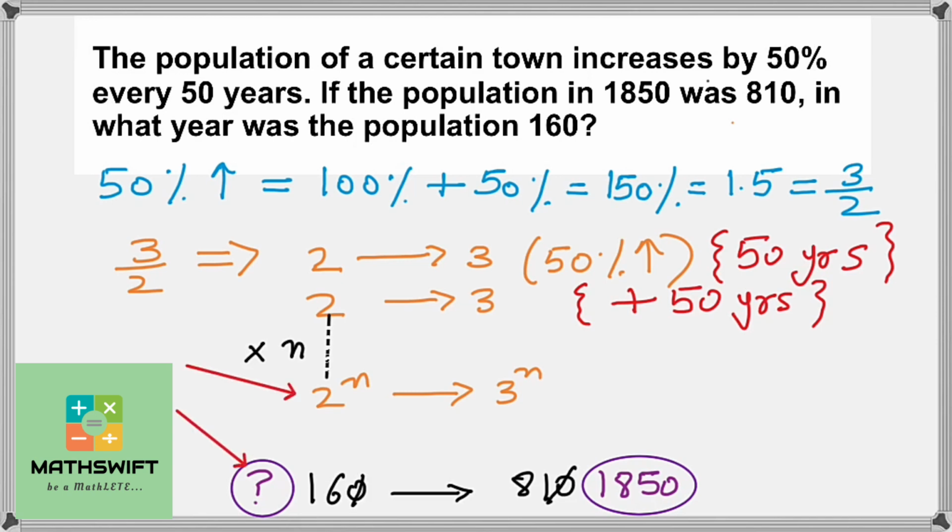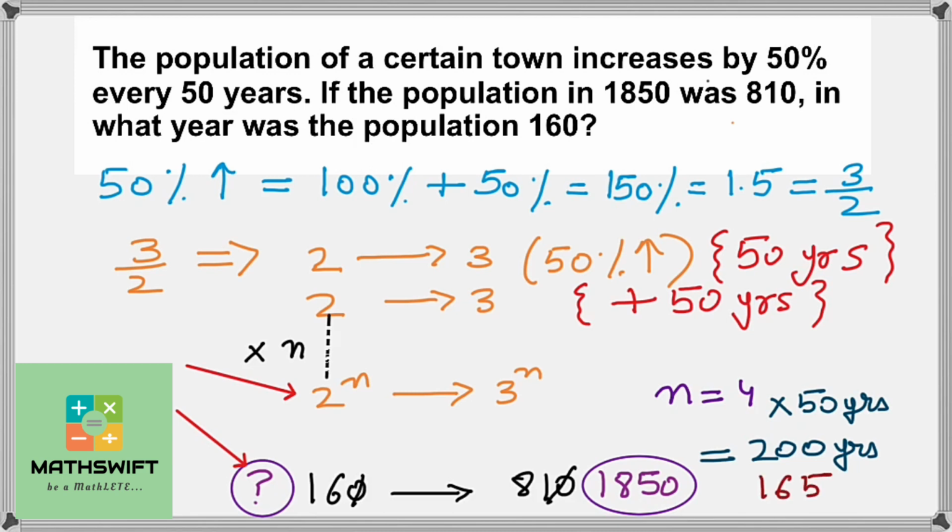On comparing the two, we can see that the same can happen only when n is equal to 4. To get the total number of years, we multiply n by 50 years to get the total time as 200 years. So 1850 minus 200 is equal to 1650, which is the correct answer here.